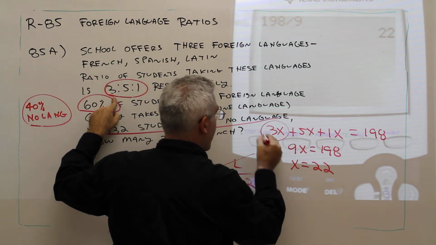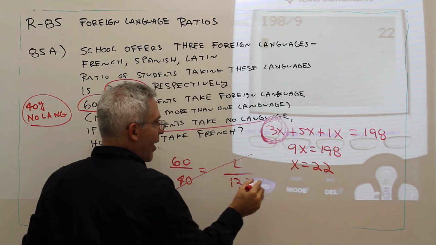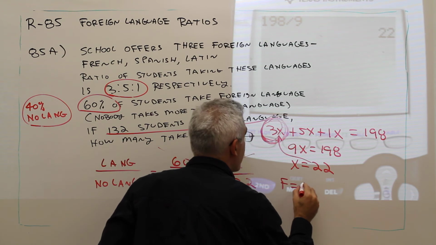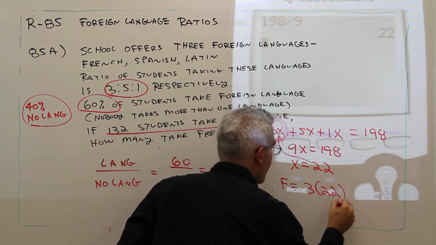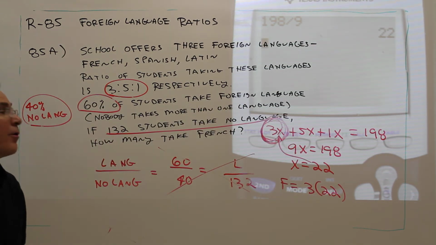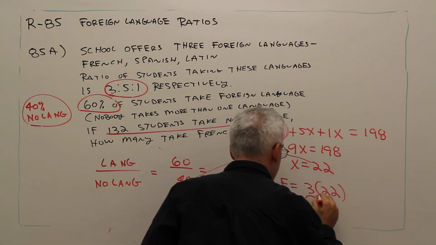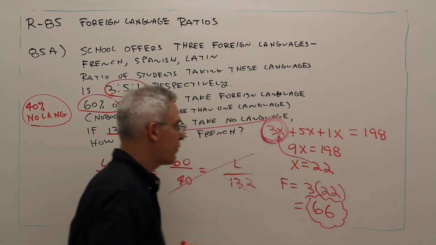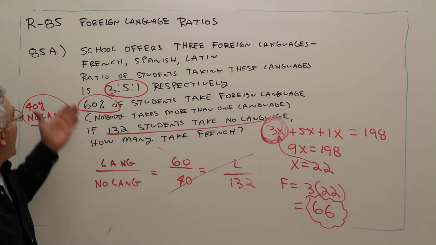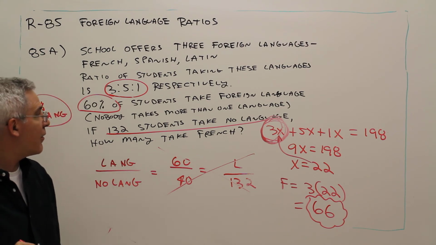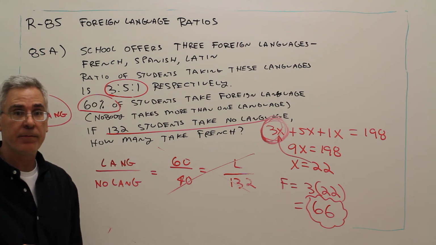So this is the number taking French. So we'll put that 22 in there. So French equals 3 times 22. I don't need my calculator for that. Equals 66 students. So the answer to problem 85A, 66 students take the French foreign language.